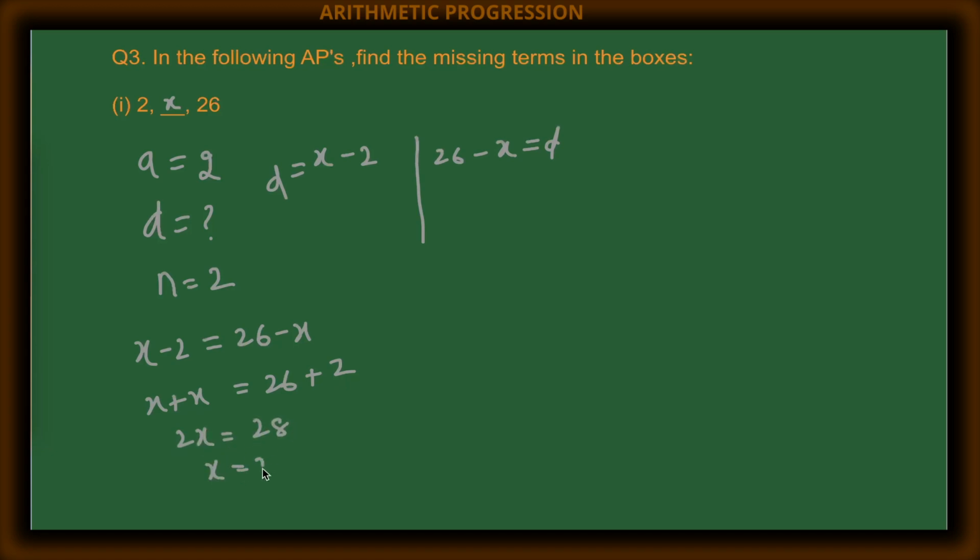X is equal to 28 by 2, which is 14. So the value of X is 14, and hence the missing term is 14. Okay students, let's move to the next question.